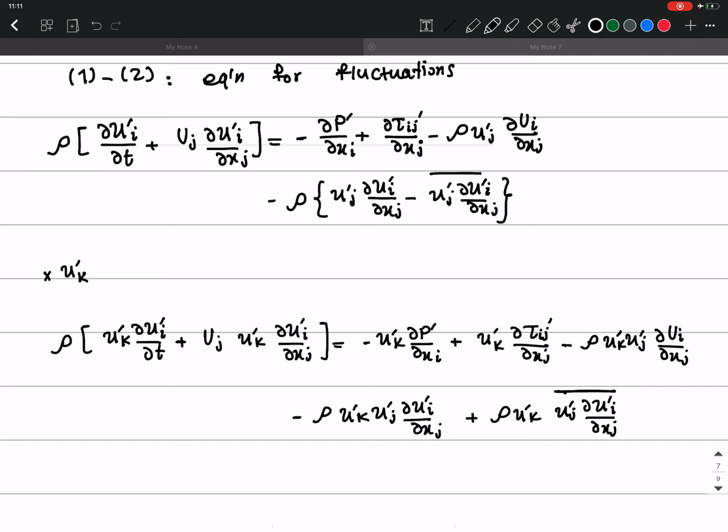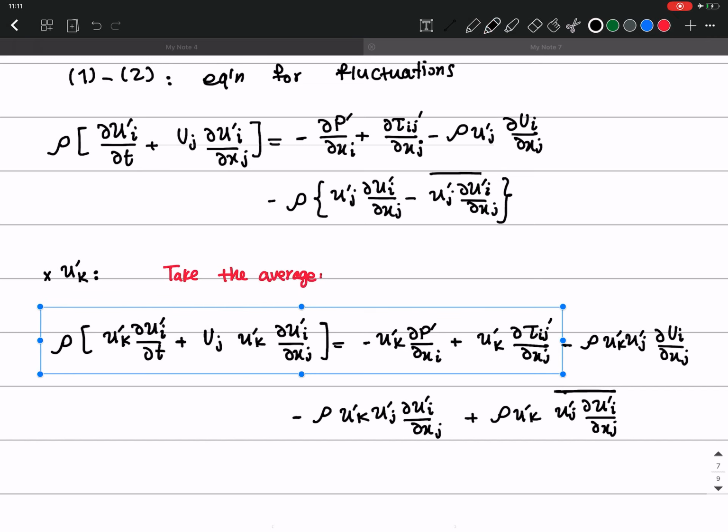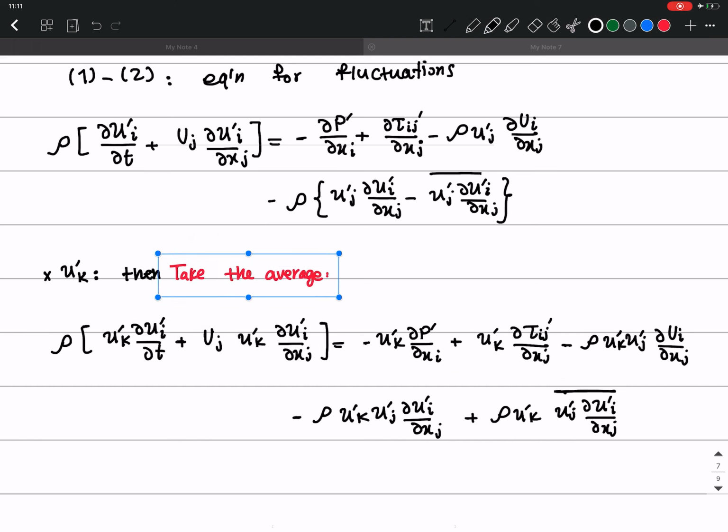Okay. So this was the above equation, multiplied by u prime k. Now I'm going to take the average of this equation. So let me write it down, then take the average.